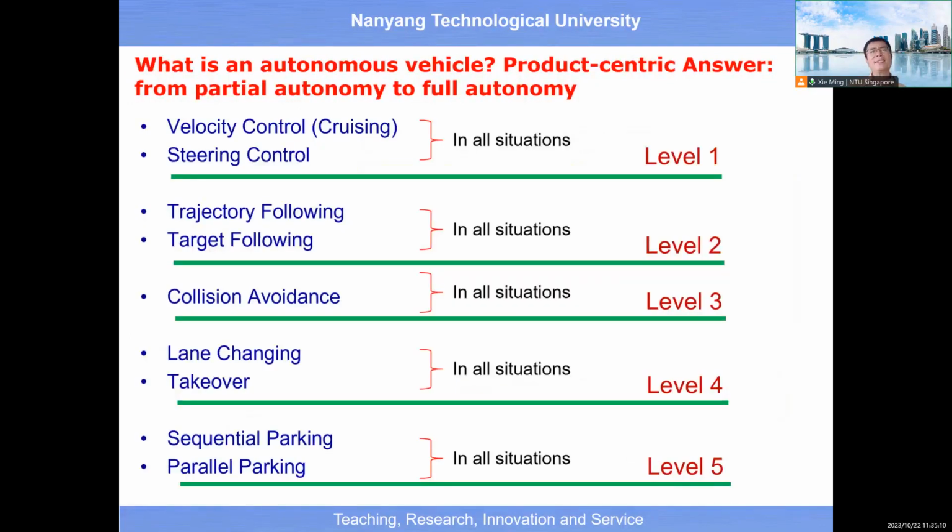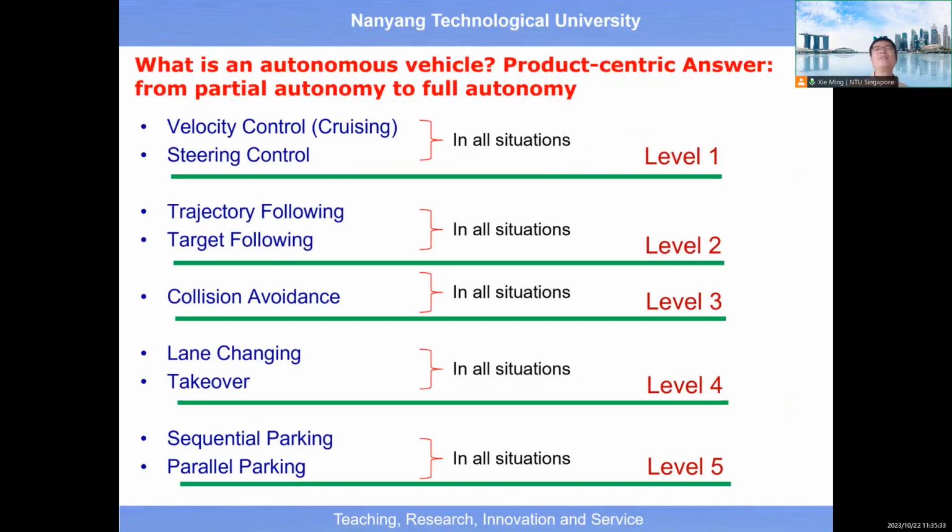And the third way of answering this question is to look at the degree of autonomy, from partial degree of autonomy to 100% or full degree of autonomy, all right? This is a product-centric viewpoint about autonomy.